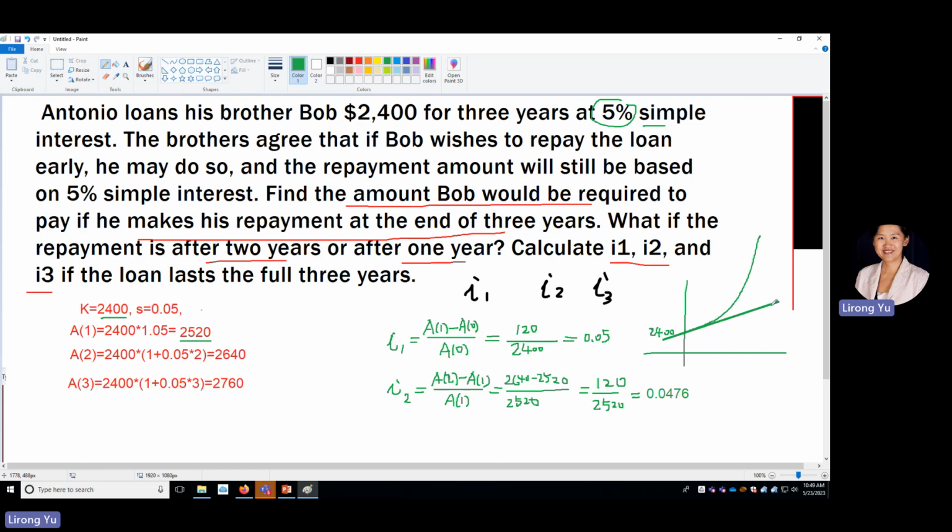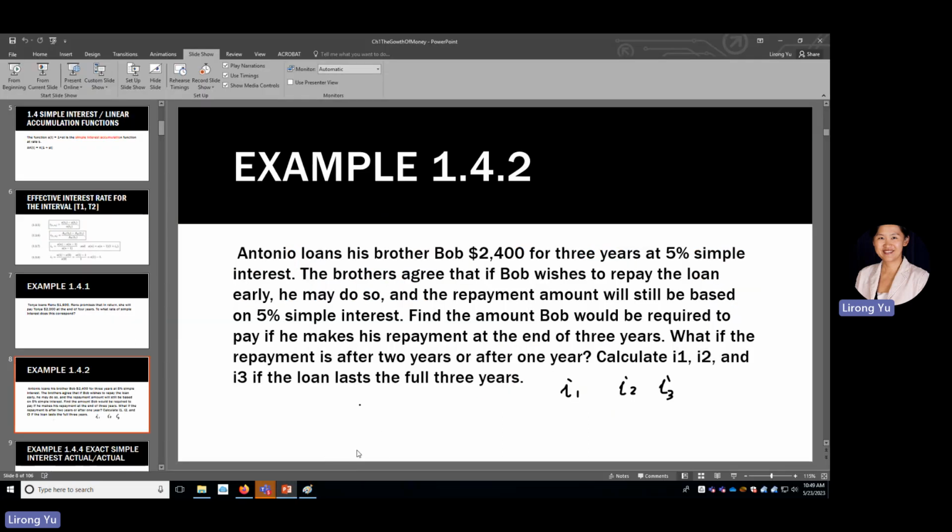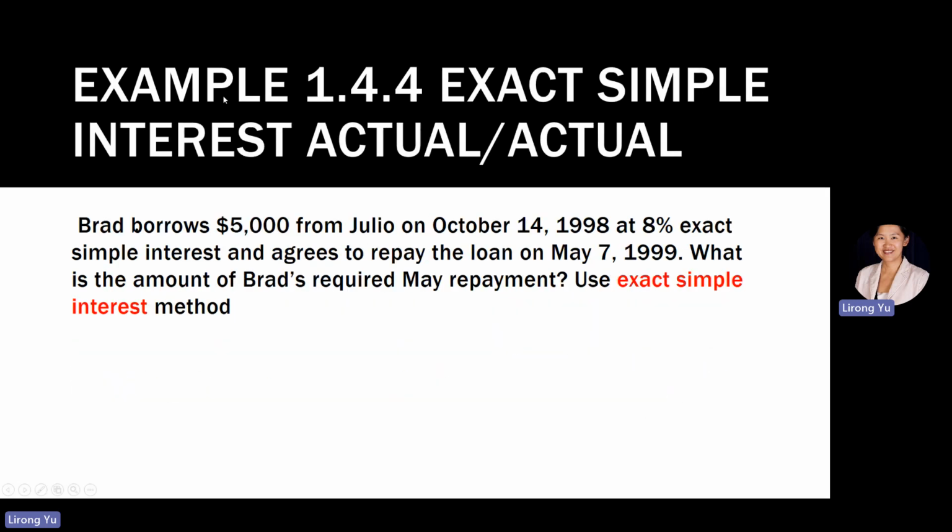So compound interest money does grow faster than simple interest. And you can see the interest rate for simple interest actually becomes smaller as time goes on. The per period interest rate is not as high as the 5% we initially set. So that's one example for simple interest.